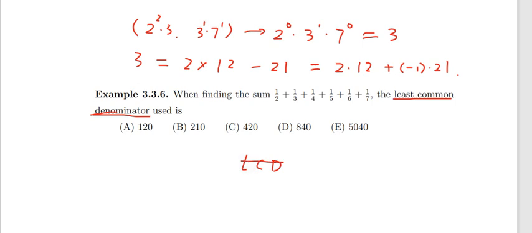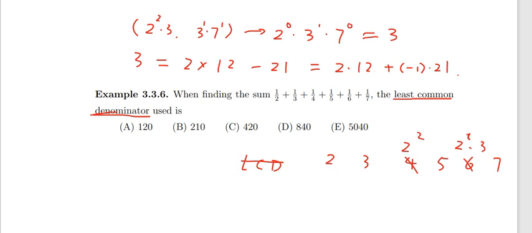So this is just a notation. For 2, 3, 4, 5, 6, 7, we can change this like 4 is 2 squared, and 6 is 2 times 3.